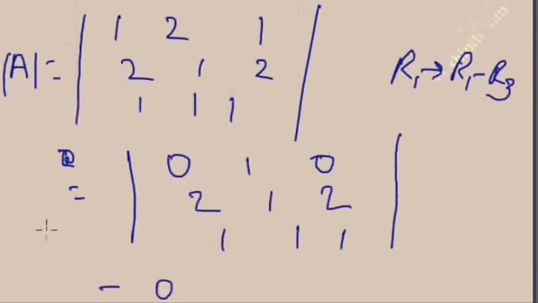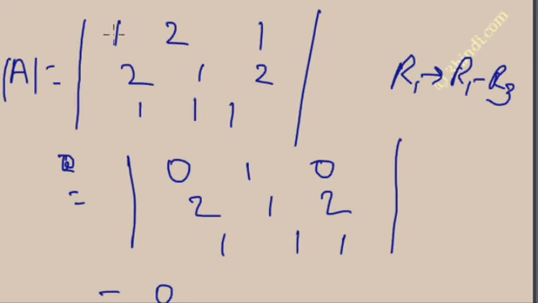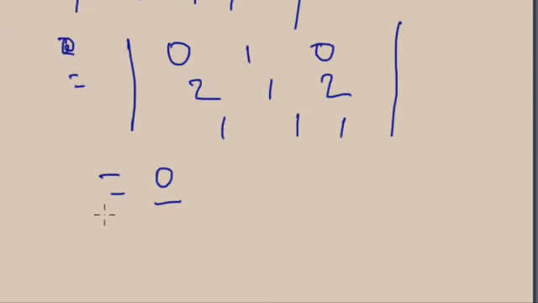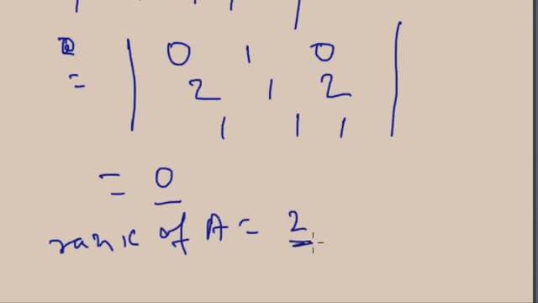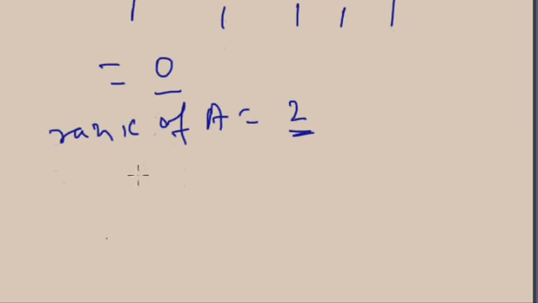So the determinant of A is 0. If you take a 2 by 2 minor, suppose I take this 2 1 1 2, its determinant is 4 minus 1, 3. So rank is not 3, but rank of A is 2.